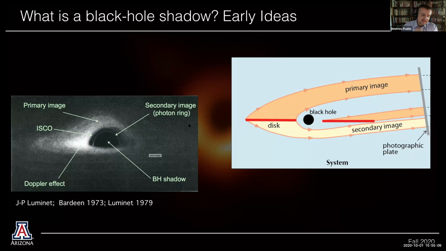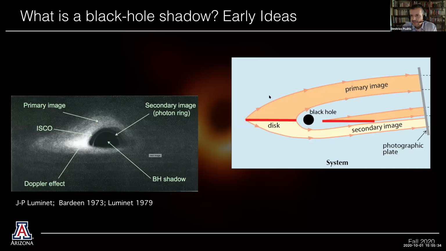And Jean-Pierre Luminet actually did a numerical calculation that he then converted and painted everything by hand. This is a hand-painted output of the calculation that he got from his computer of what a black hole would look like if the black hole is accreting, as you see from the schematic, from a geometrically thin accretion disk.